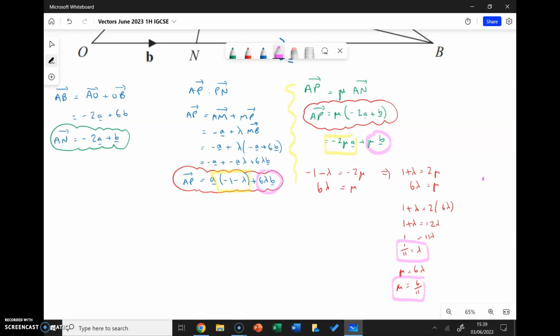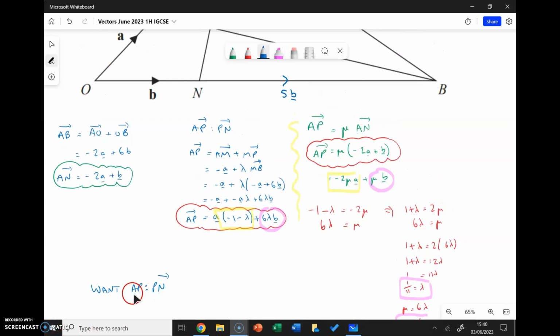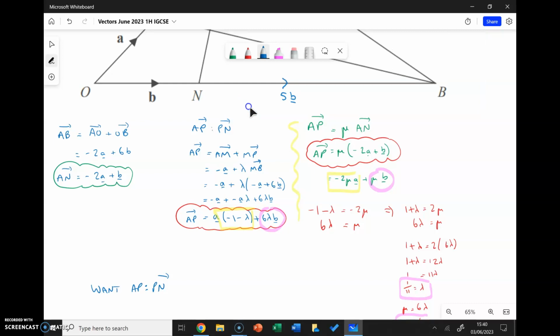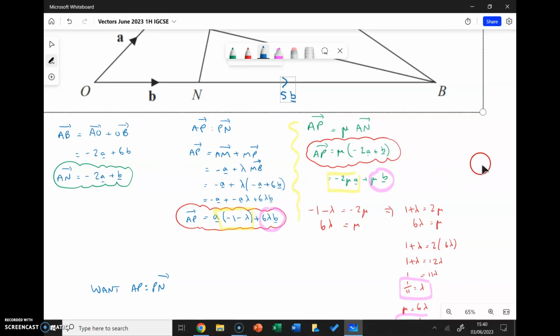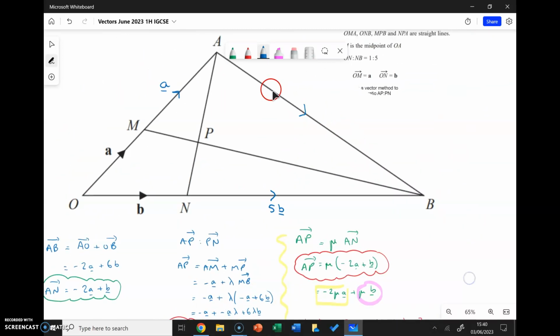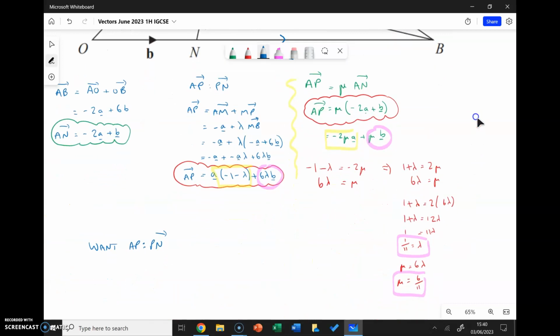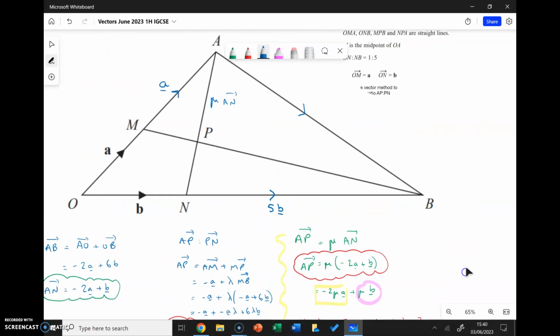So we've got that, and we've got that. So I'm hoping we're pretty much there now. So we want A to P to N. Let's go back up and see what that actually means. Back to our diagram. So we want A to P to N. Now we said A to P was mu lots of AN. Do we know what that is now? This is because we've worked out mu already. So mu is 6 11ths, so this is 6 11ths lots of AN.